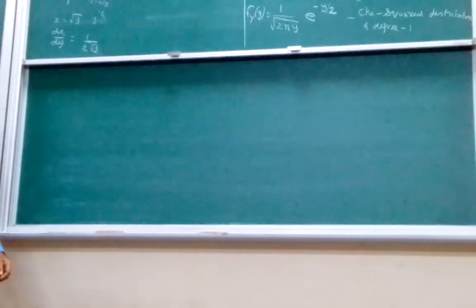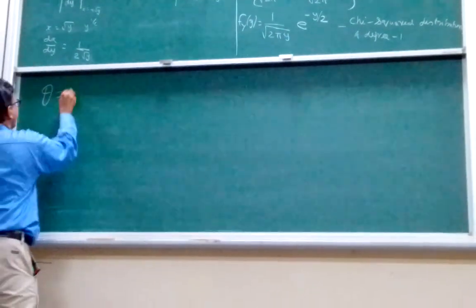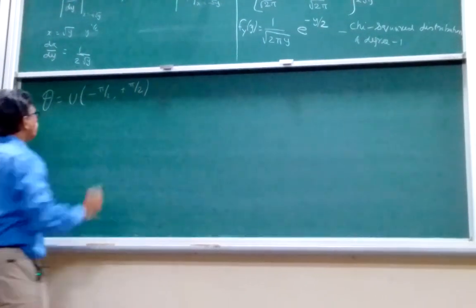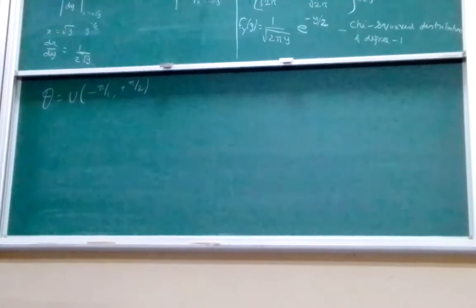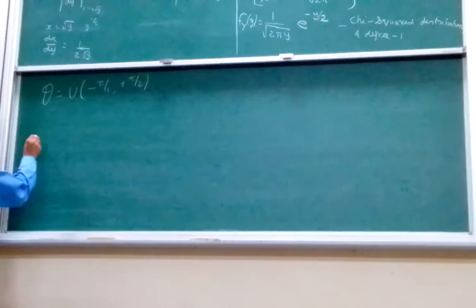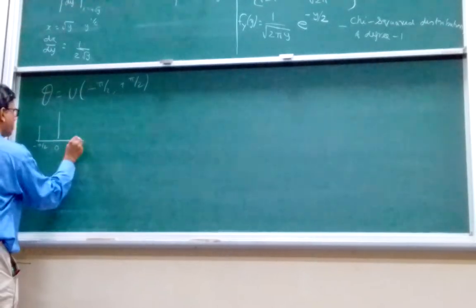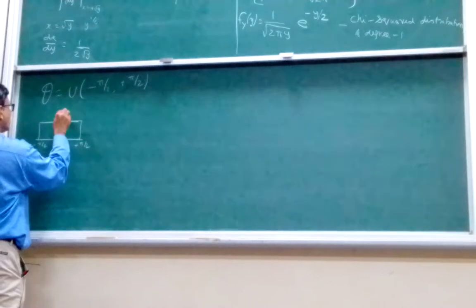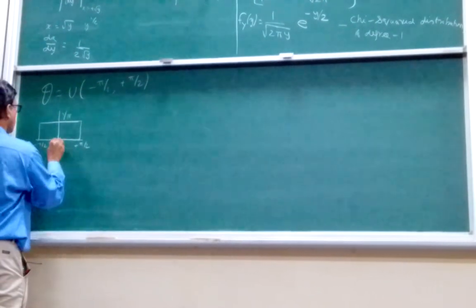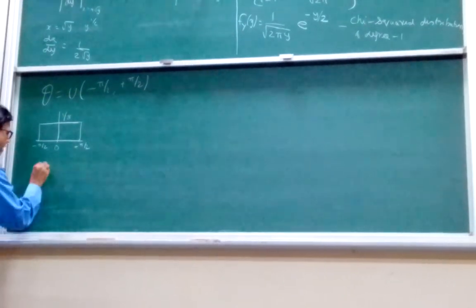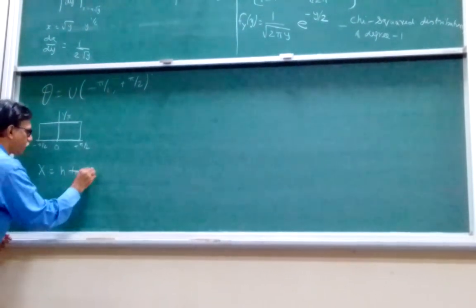This is also something which we have seen. Let us look at random variable theta, which is uniform between minus pi by 2 and plus pi by 2. And then we will define a random variable x equal to h tan theta.